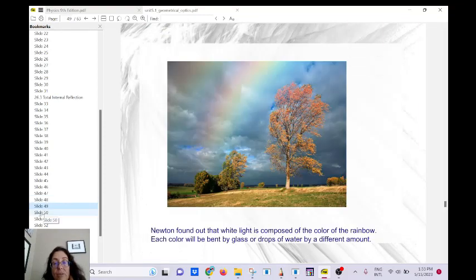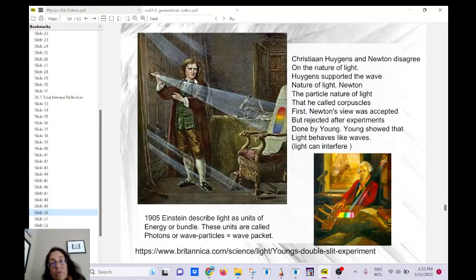Okay, so the first one to talk about that was Newton. He did this experiment and he was able to show that white light coming from the sun, through a hole in his blind, goes to a prism, and he was able to show the rainbow.